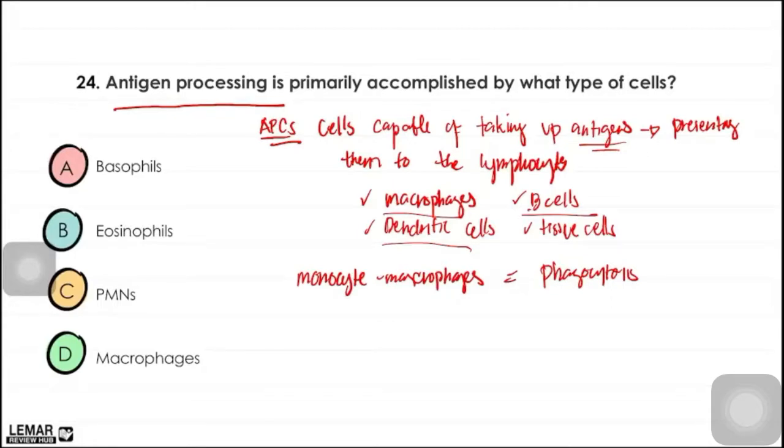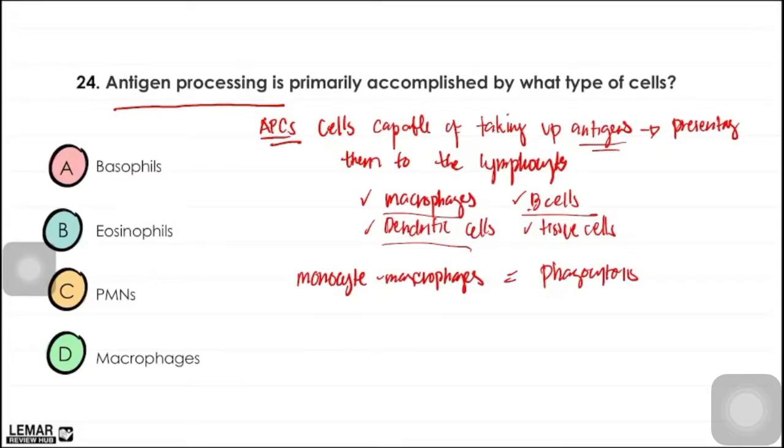So, for example, the macrophage eats the bacteria. All the antigens that it digests, after digestion, will be presented on the surface of the macrophage, for it to be able to present it to the corresponding helper T cell.